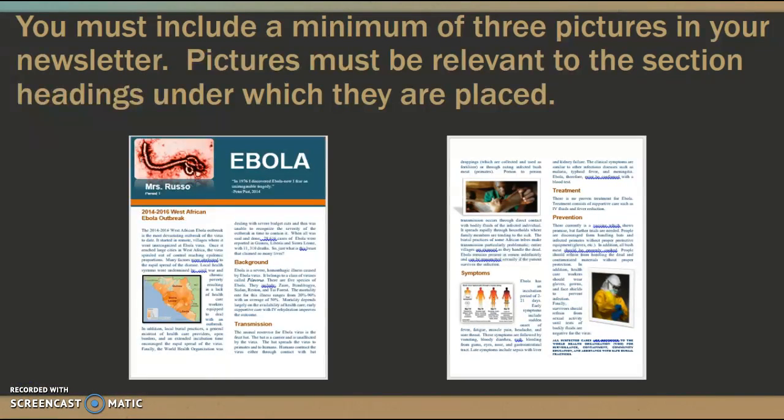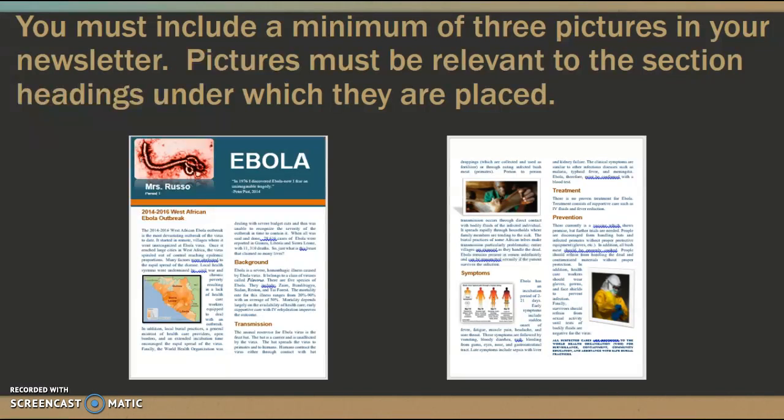Now let's take a look at the newsletter that I've provided and talk about pictures for your newsletter. Now you need to have at least 3 pictures, and these pictures cannot be just any old pictures. They need to be relevant, especially to the section headings where they're placed.